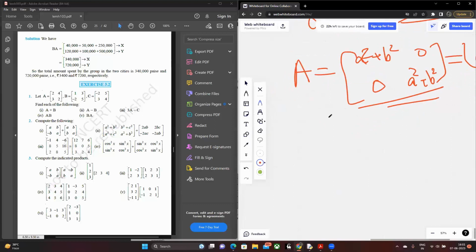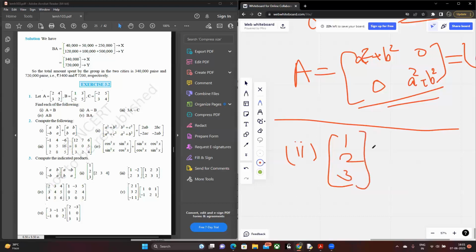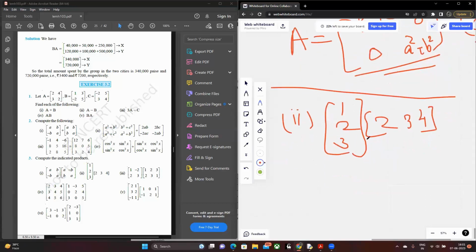Right? Question number 2. This is a column 1, 2, 3 multiplied by a row 2, 3, and 4. Right? First of all, know that the order of a column matrix is basically 3 cross 1, and that of a row matrix is 1 cross 3. Right? Know that this index and this index are equal.